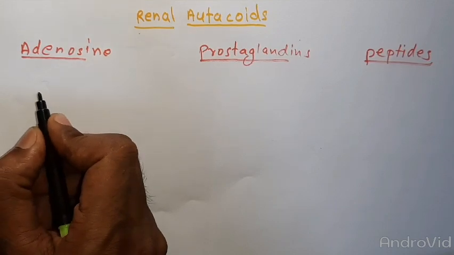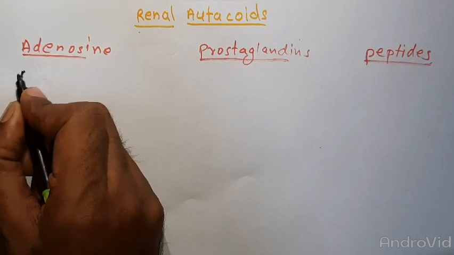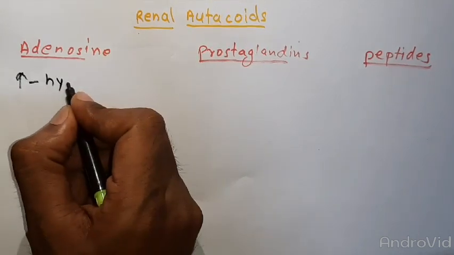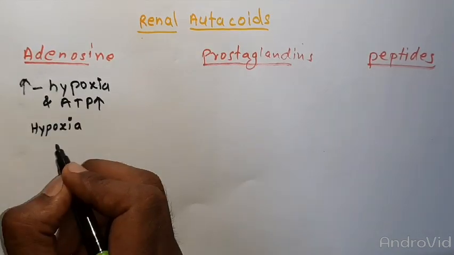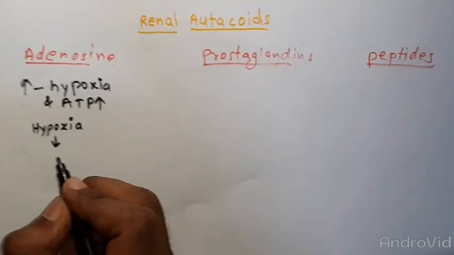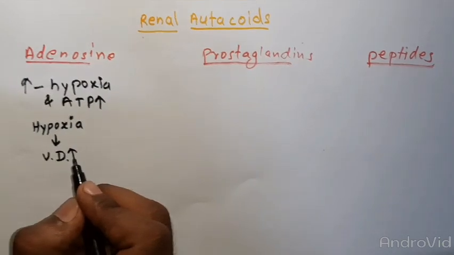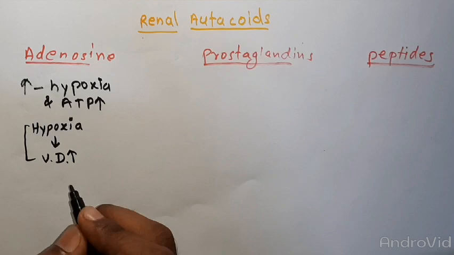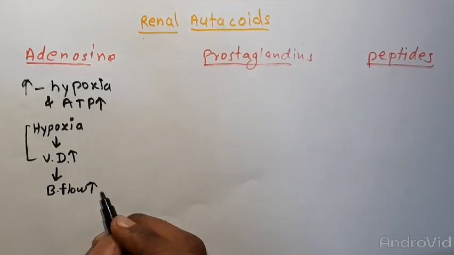Adenosine is an unphosphorylated ribonucleoside which increases in case of hypoxia and ATP consumption. In most tissues, hypoxia results in compensatory vasodilatation, and if the cardiac output is sufficient, then the blood flow increases.